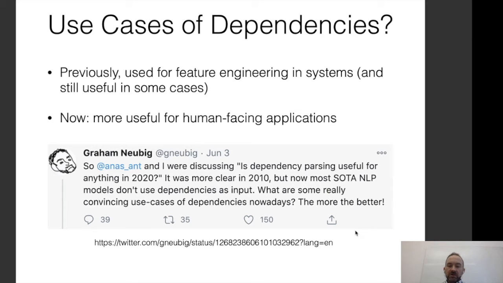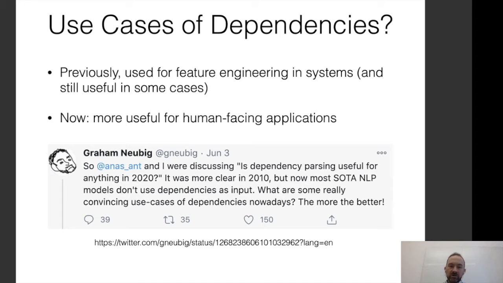I actually wanted to get some interesting examples of this. So a bit earlier, I asked on Twitter for some examples of what dependency parsing could be useful for. If you follow this link down here, which will also be in the slides, you can go take a look and see some of the interesting answers that people have given.